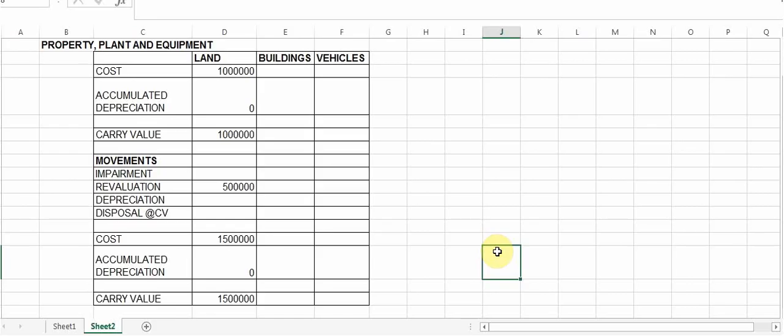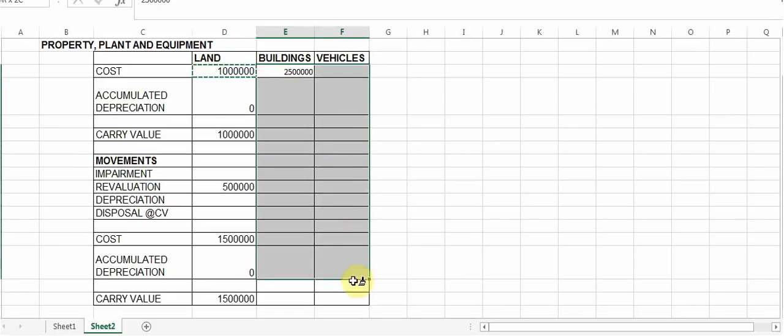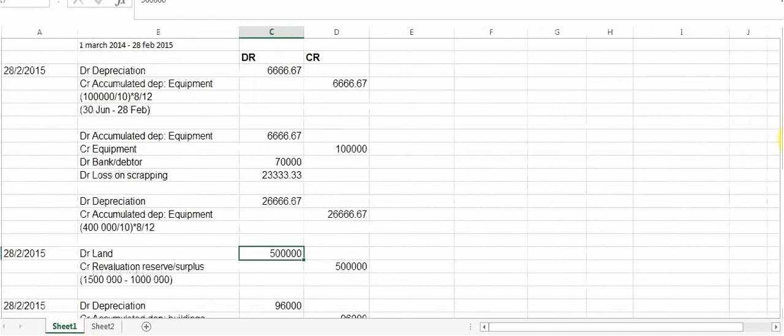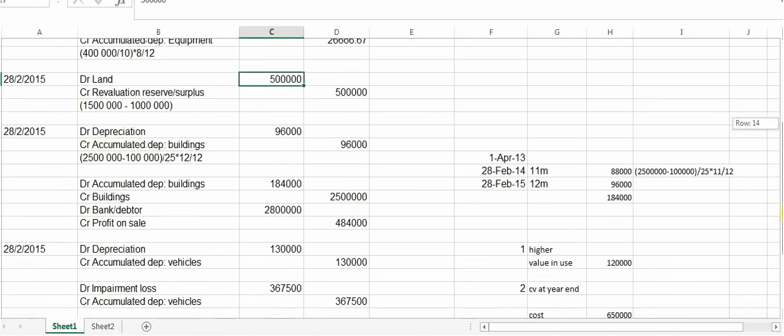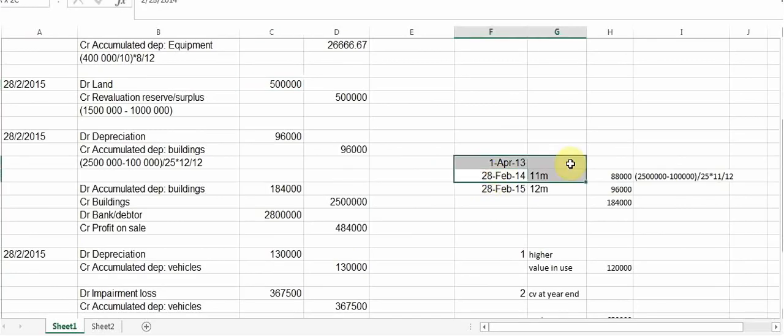Then for the buildings, we've disposed of all the buildings. So you will see the cost price of the buildings was given to us. It's 2.5 million. And we have calculated the accumulated depreciation at the beginning of the year, I think. Yes, because we said at the beginning of the year there was 11 months, so it was 88,000.